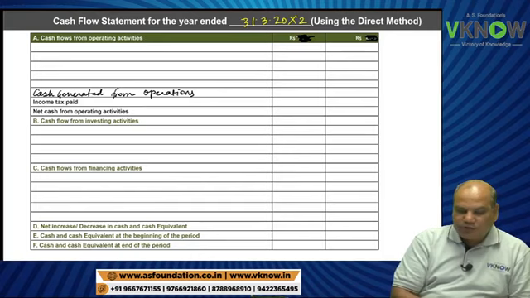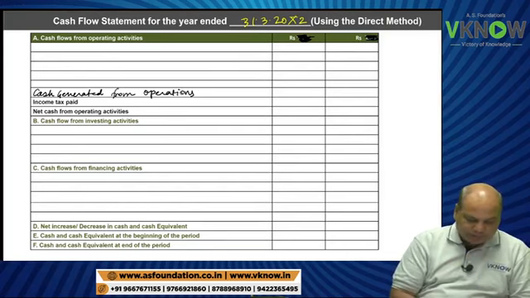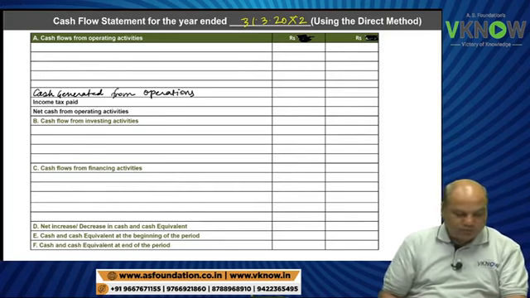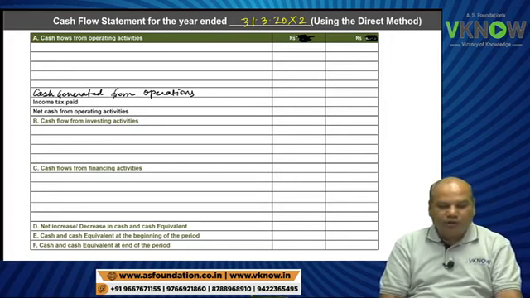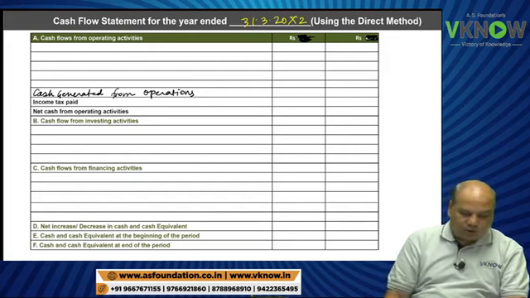Keep 6 lines blank. Then write down cash generated from operations.